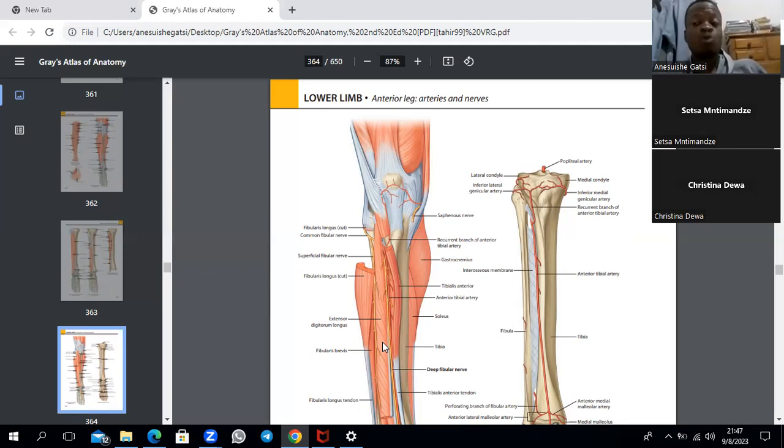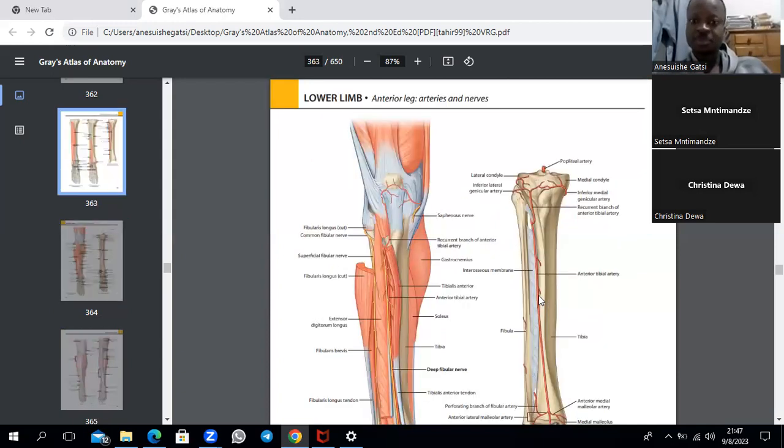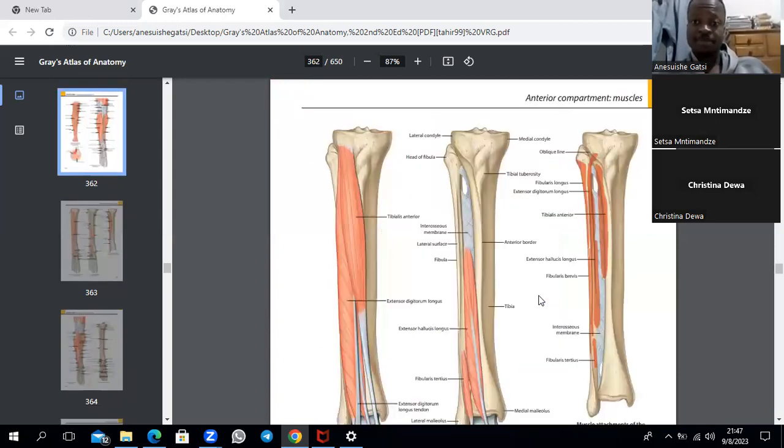So it has nothing to do with the leg. Blood supply, I think you can see here. This is the anterior tibial artery. Remember, I said the popliteal artery divides into a smaller anterior tibial artery and a larger posterior tibial artery. Right. Okay. So far, so good.